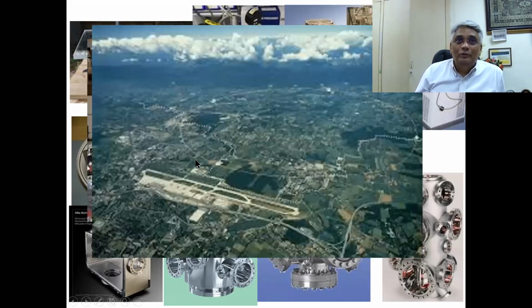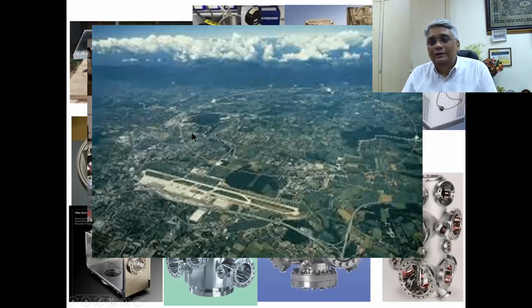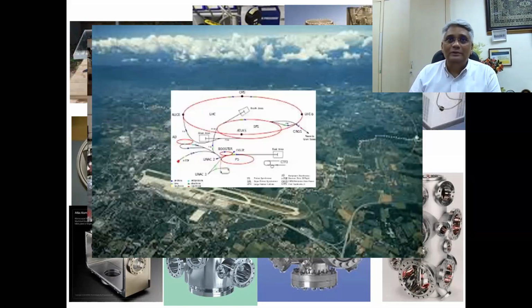Now, what you see here is the border between France and Switzerland, where you have this beautiful circle. This is Grenoble in France. These are the places where you have the beamline facilities, where synchrotron beams are created for experiments.